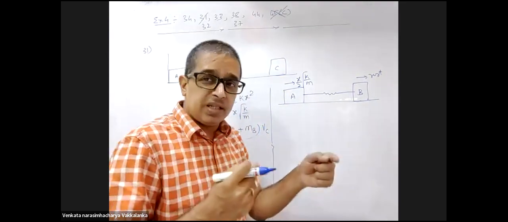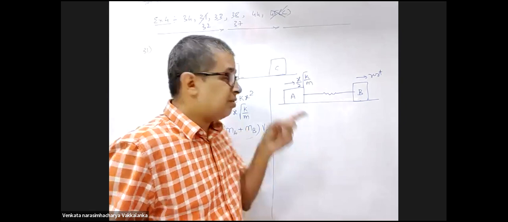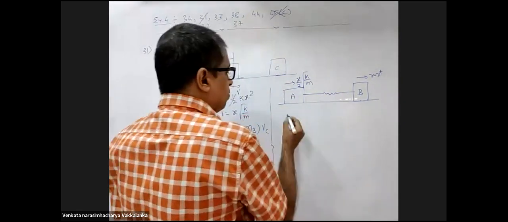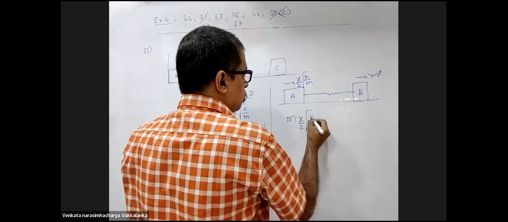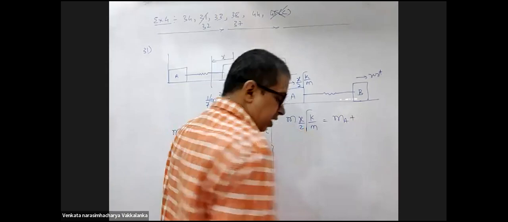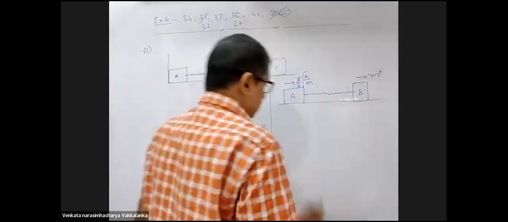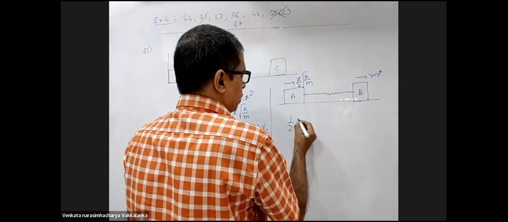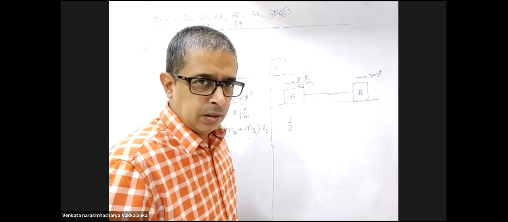If I find the maximum compression, the answer is L minus x. Find the maximum compression, it will be m into x by 2 root over k by m equals ma by half mu vr square, use karo. Maximum compression, but the spring is not in natural length. It is at maximum elongation, right?